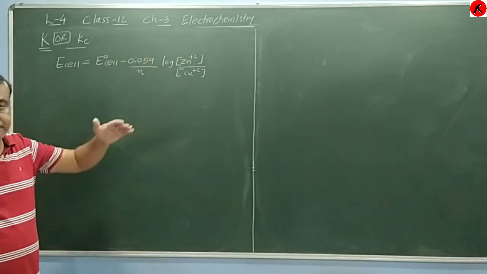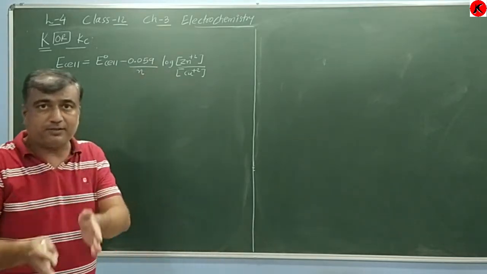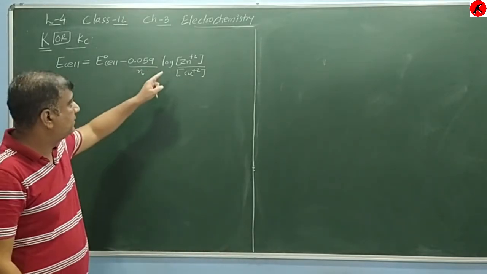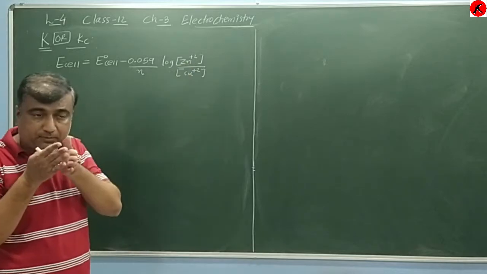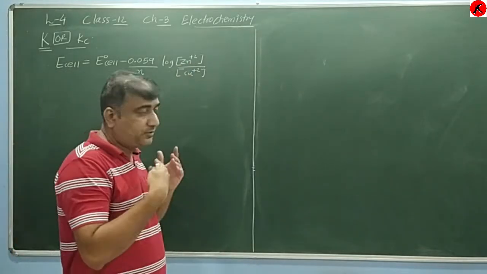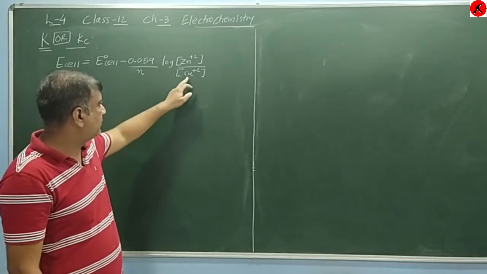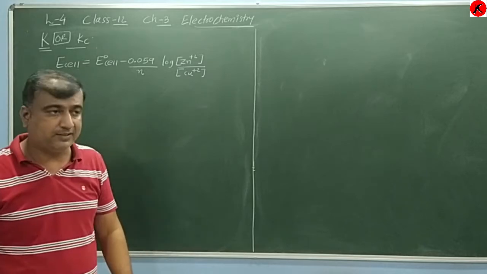Now in a Daniel cell, the zinc half cell acts as anode in which oxidation takes place, so the concentration of Zn plus 2 increases. Again in the half cell of copper, Cu plus 2 is reduced to Cu, so the concentration of Cu plus 2 decreases.